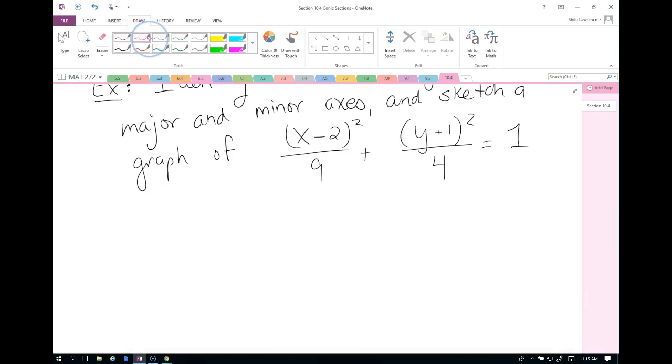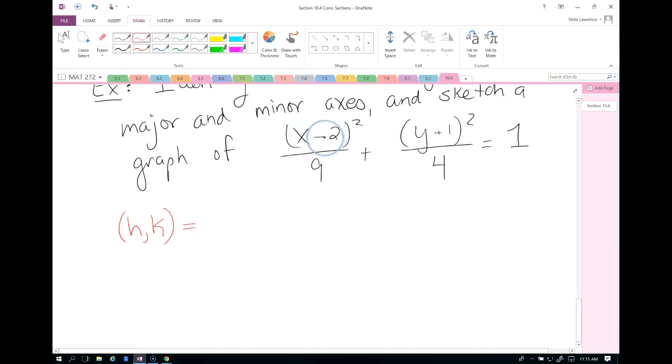So we identify our center the same way we do with a circle. So this is x minus h squared, y minus k squared. So the formula has subtraction in it. So when we pull those numbers out for h, k, we pull them out opposite from what we see.